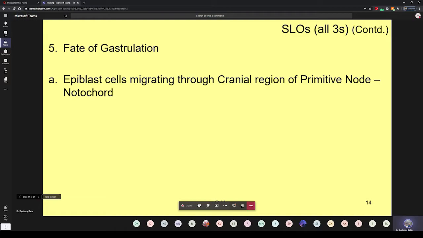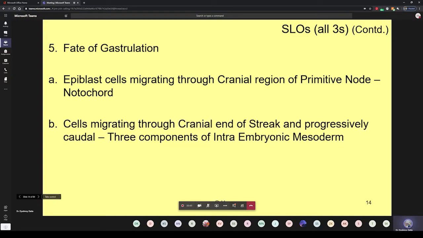And what is the next one? The cells migrating through the cranial end of the streak progressively go caudal. First will be the lateral part of the primitive node, then the cranial part of the streak, then the lateral walls of the streak, and as you come caudally, today's class is coming into view.